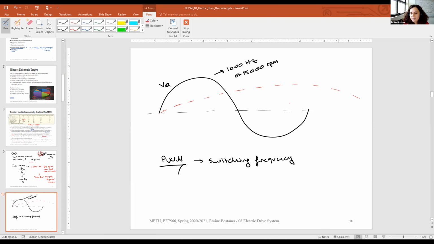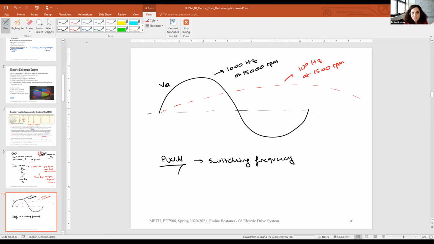So it would be great if we could design the system with a 20 times higher switching frequency. But the problem is we cannot keep this value constant because the frequency of the fundamental is going to change with the speed. So there is a rule to make sure that the system is still controllable at its maximum speed.